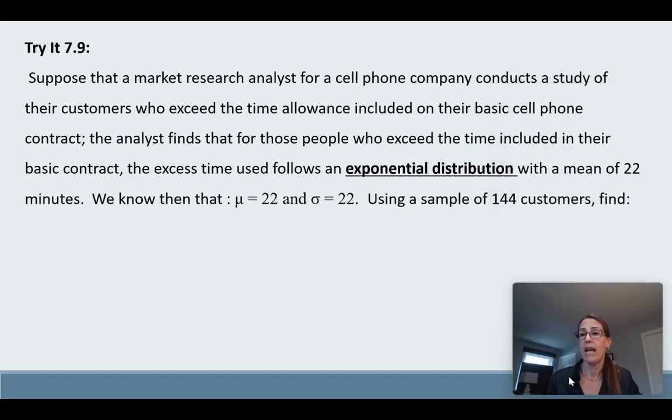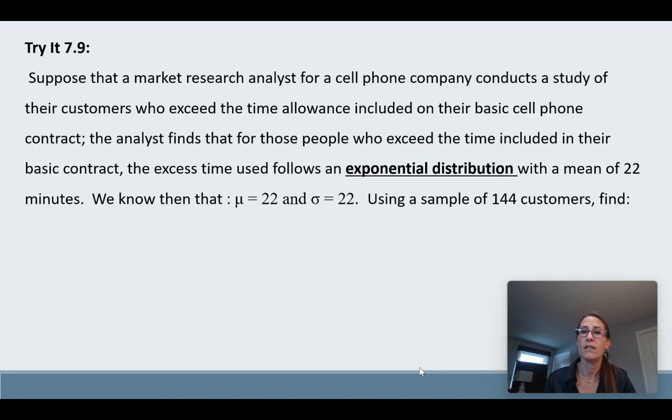This is Try It 7.9 from the book. Suppose a market research analyst for a cell phone company conducts a study of their customers who exceed the time allowance included on their basic cell phone contract. The analyst finds that for those people who exceed the time included in their basic contract, the excess time used follows an exponential distribution with a mean of 22 minutes.